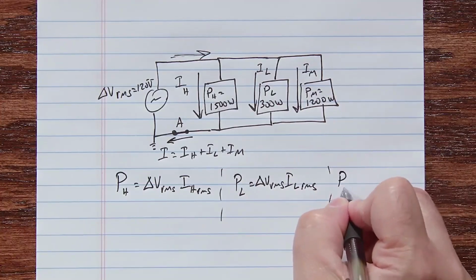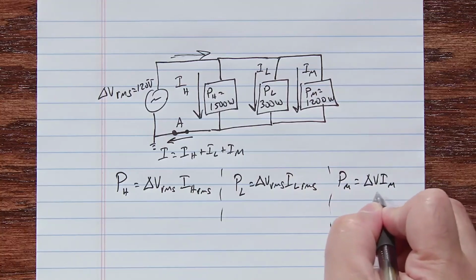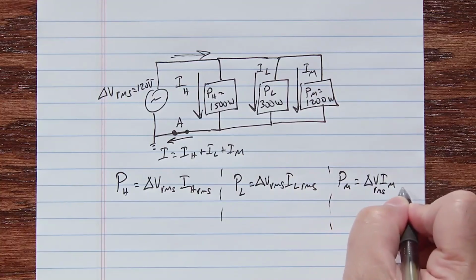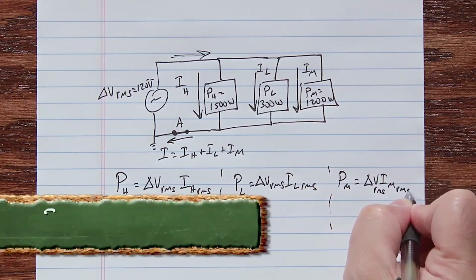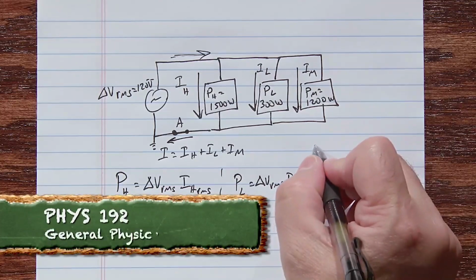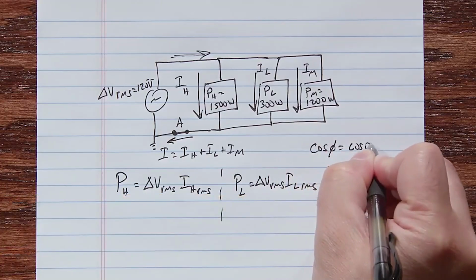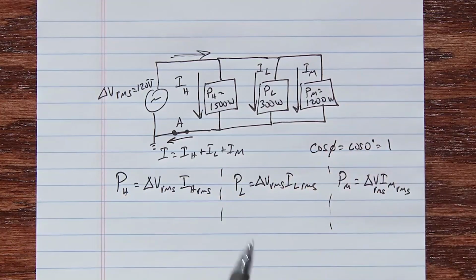And the power to the microwave is delta V RMS times I microwave RMS. And what happened to my cosine of phi? Well, for all of these, cosine of phi is equal to cosine of 0 degrees, which is 1. So there's an implicit times 1 in all of these, but I don't have to write that since times 1 doesn't change anything.